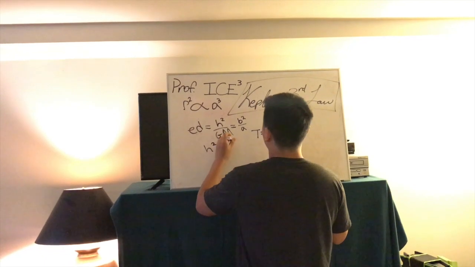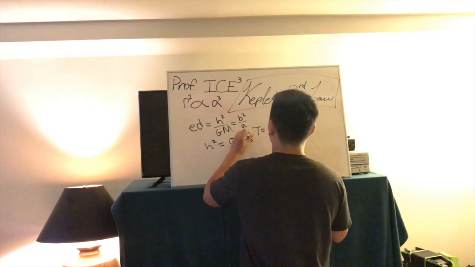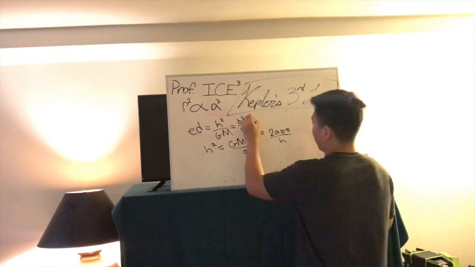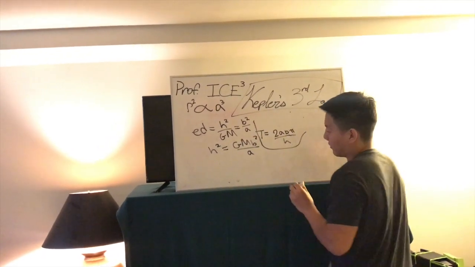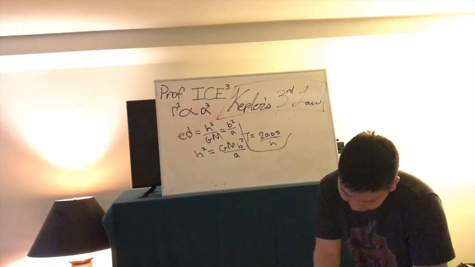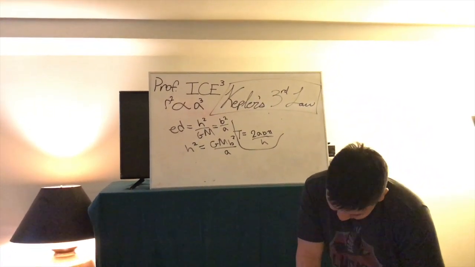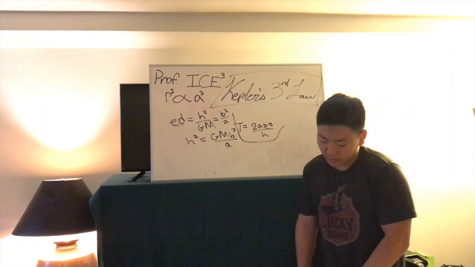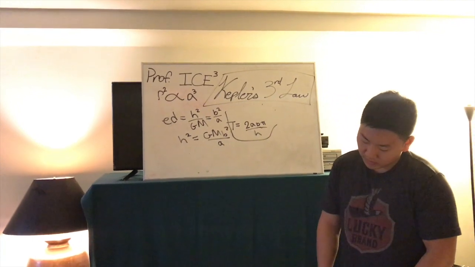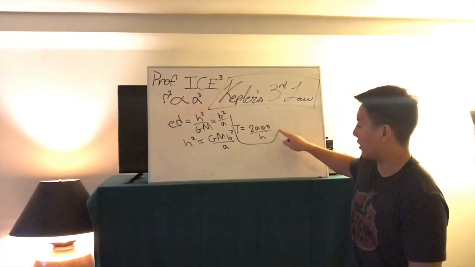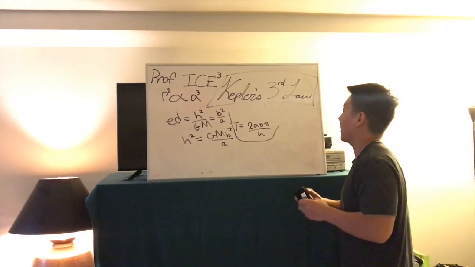So h squared is equal to GM b squared over a. Here, I'm just gonna box this over there. Sweet. Alright. Yeah, so now you know what we could do? We could go back to this formula, this thing that we solved for.